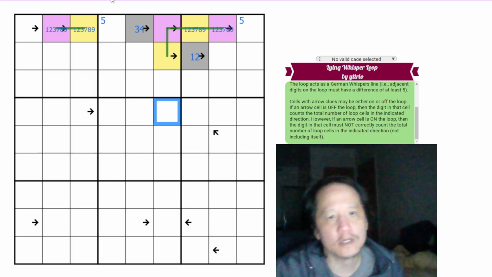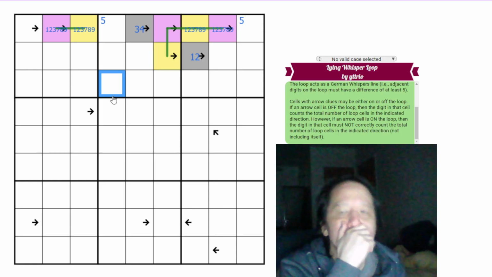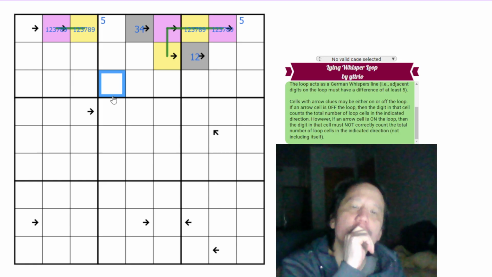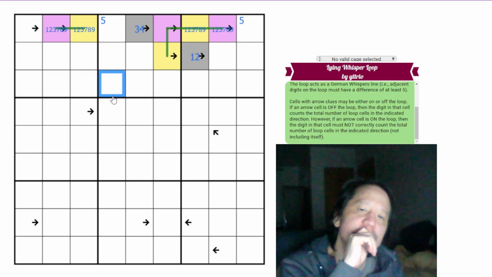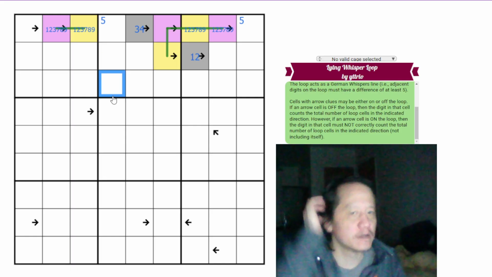This has to end either here, in which case, well, that's yellow. Interesting. Okay.